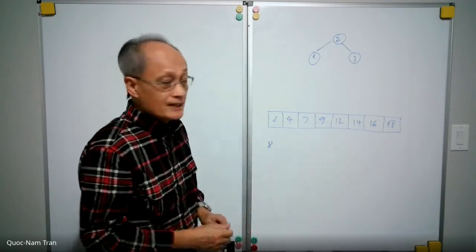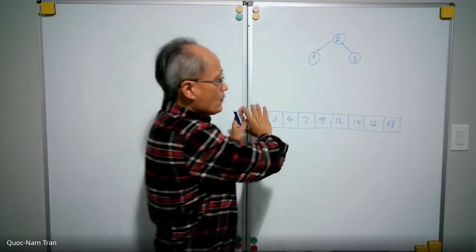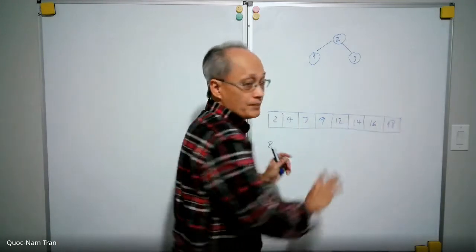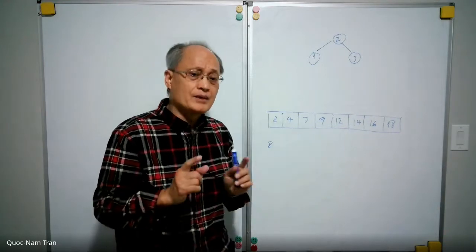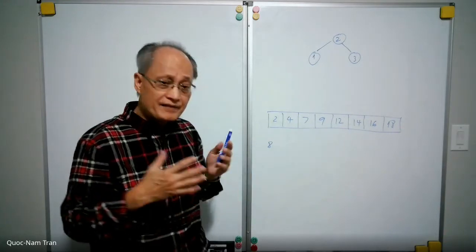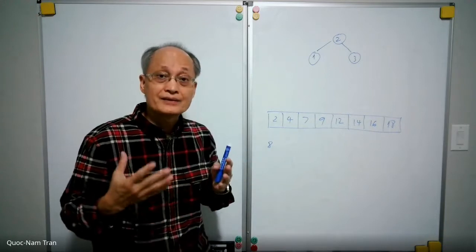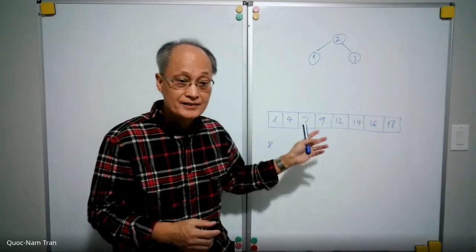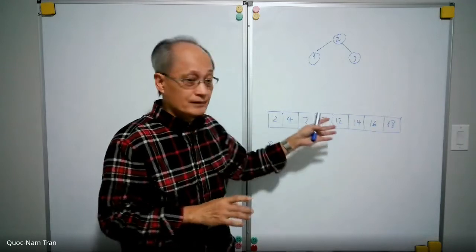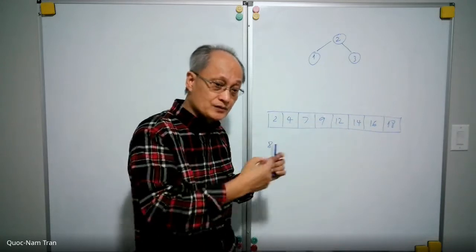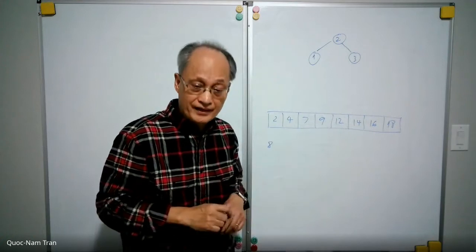Similarly, when we have a huge amount of data, one of the advantages of the array is that it's fast. We allocate the array, and when we access the indexes, it is very fast.